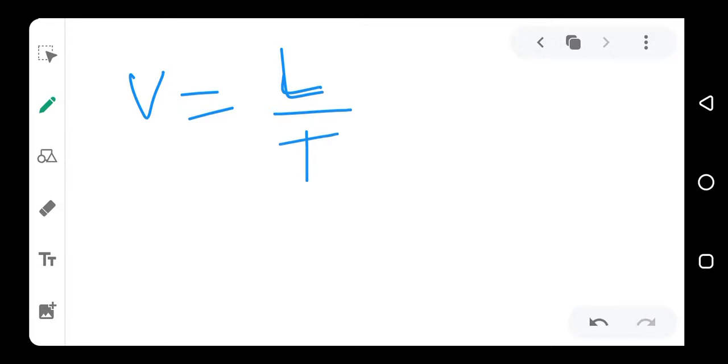So this is the dimension for the final velocity. It is the same for the initial velocity, length over time.